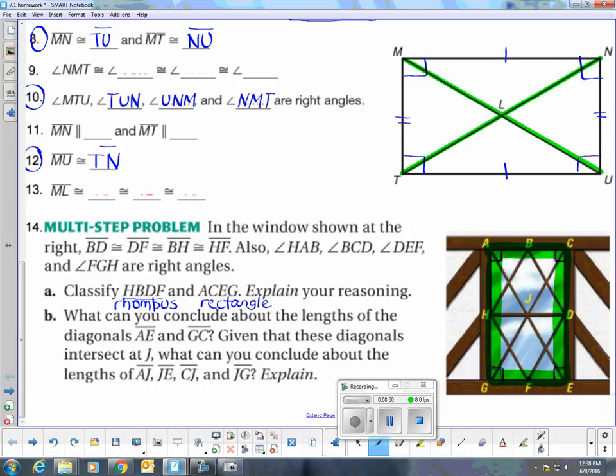So what can we say in part B about the lengths of the diagonals AE and GC? We can say that those diagonals are congruent because they are the diagonals of a rectangle.